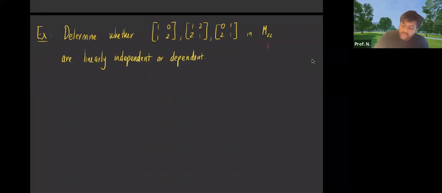Remember what M22 is? It's the space of all 2 by 2 matrices. So we have 3 matrices from this world, and I want to know whether these matrices themselves are linearly independent or dependent.